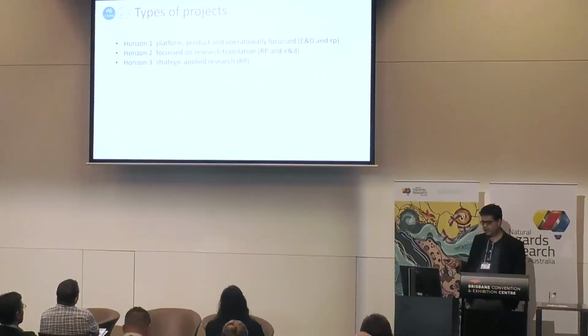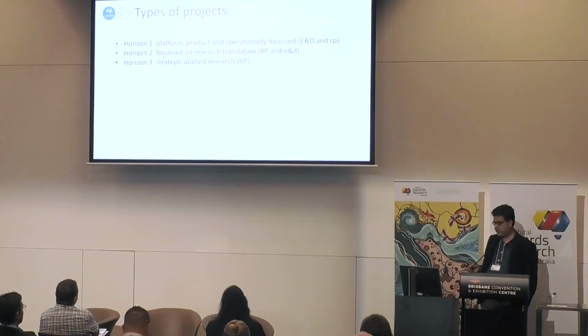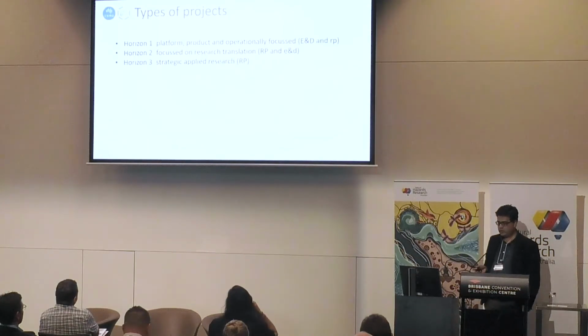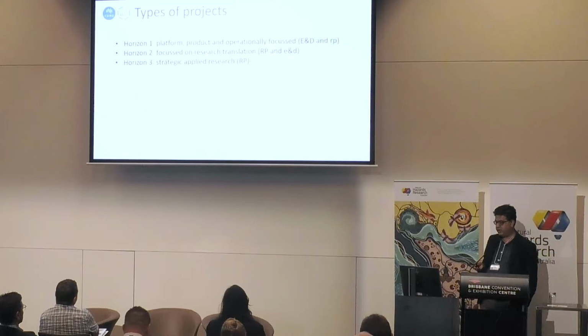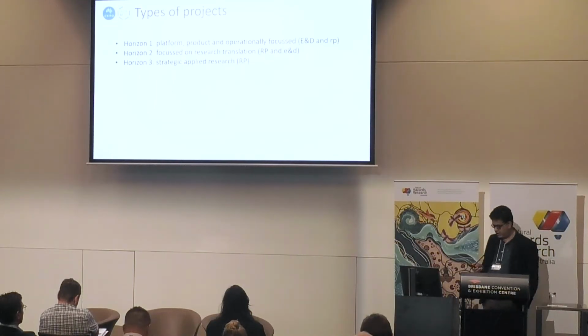And typically it's the engineering and design program that leads those sorts of projects in collaboration with the research programs. Horizon 2 projects are more focused on research translation, and that tends to be led by the research programs along with the ND. And then you've got strategic applied research, which is mainly led by the research programs.